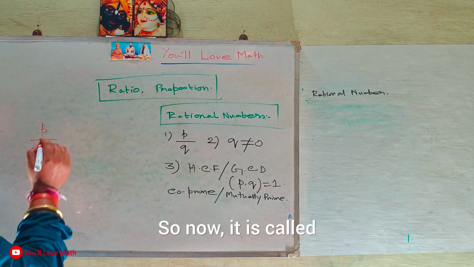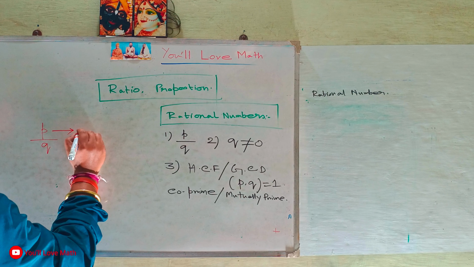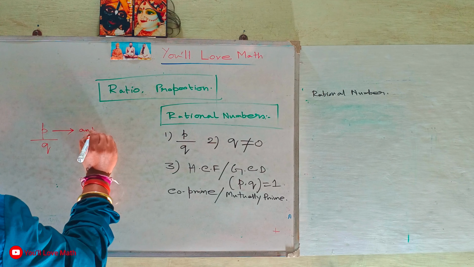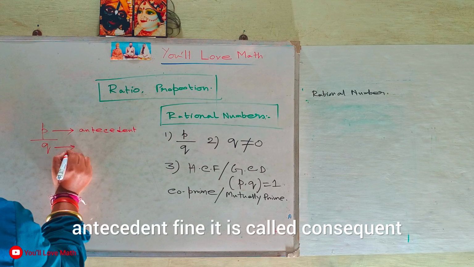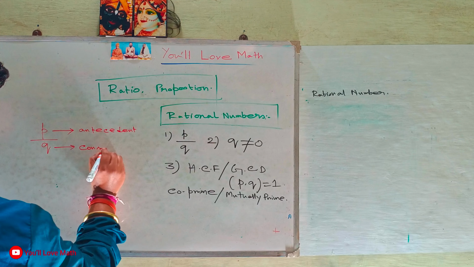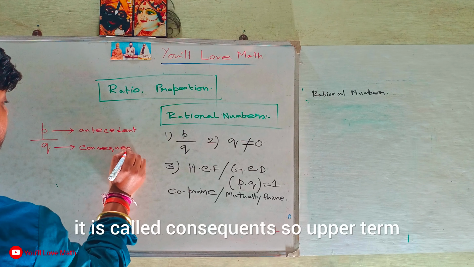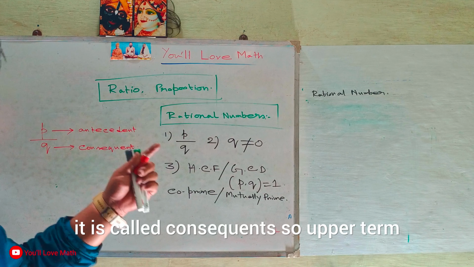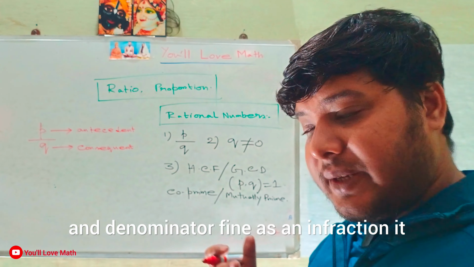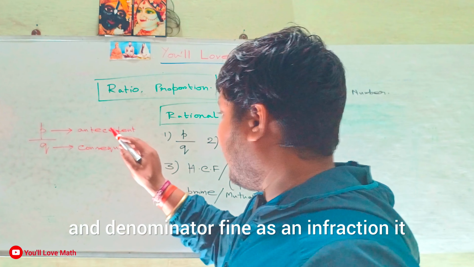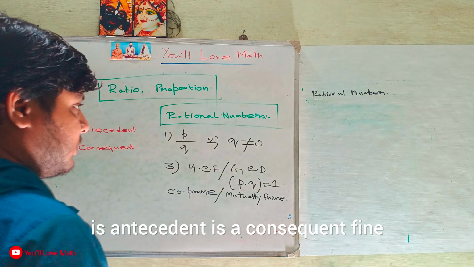Now the upper term is called the antecedent, and the lower term is called the consequent. It is like the numerator and denominator in a fraction.